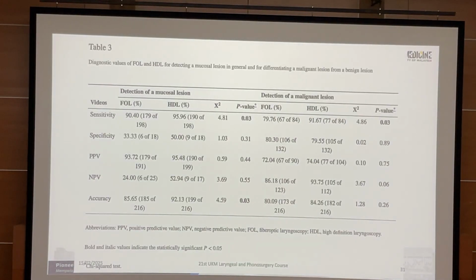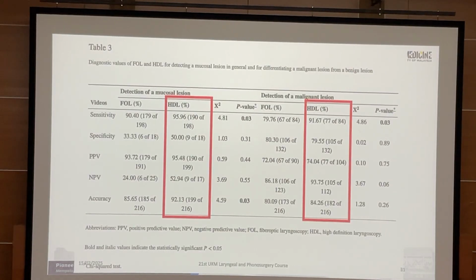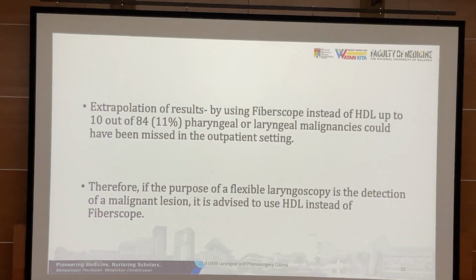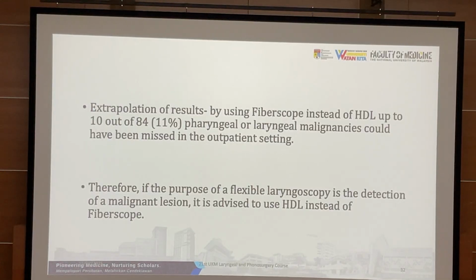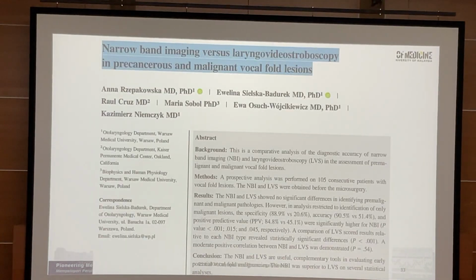A study shows that when you compare fiber optic and high definition laryngoscopy, meaning camera at the tip, if you extrapolate the results, it shows that if you use a fiberscope, you have a chance of 11% missing a malignant lesion. You have that 11% risk of missing a malignant lesion.